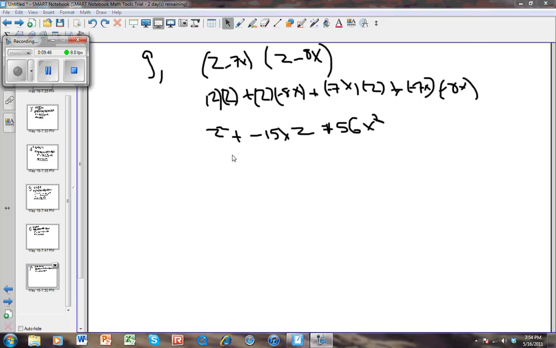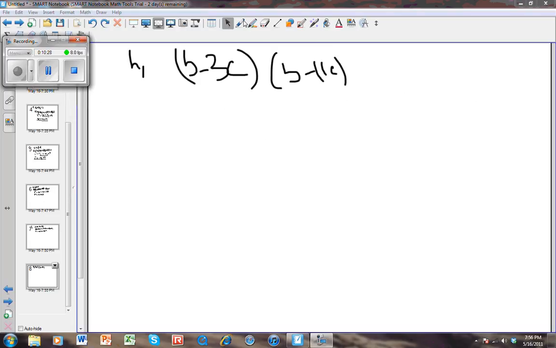I don't think I explained this well enough. Like we did here, this becomes z squared because there are 2 z's. Then here we do negative 7 times negative 8, which becomes positive 56. There are also two x's, so we have to do the squared there as well. And when it has z times negative 8x and negative 7x times z, we just add negative 8 and negative 7, which is negative 15, and then xz. You don't square that.